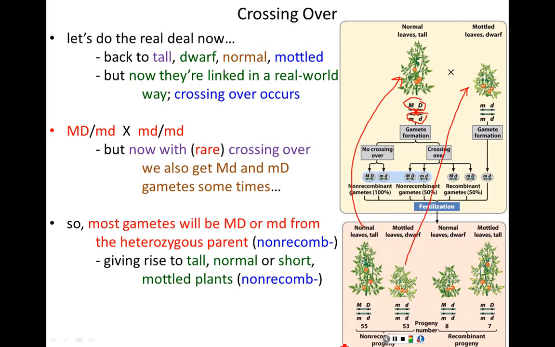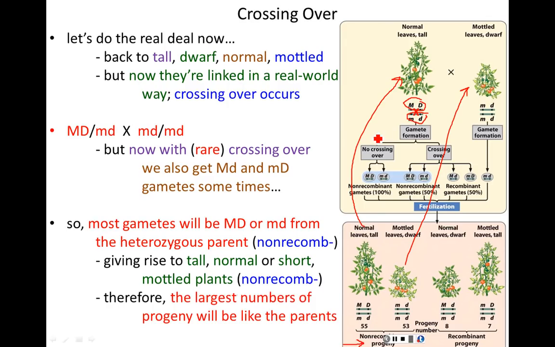Our non-recombinant progeny look exactly like one of the 2 parents. Our non-recombinant progeny came from non-recombinant gametes, which came from no recombination. The largest number of progeny will look like the parents.